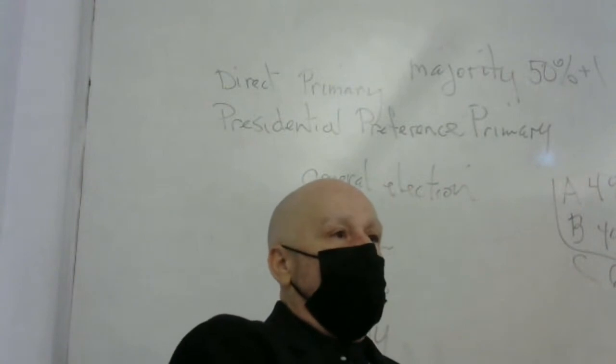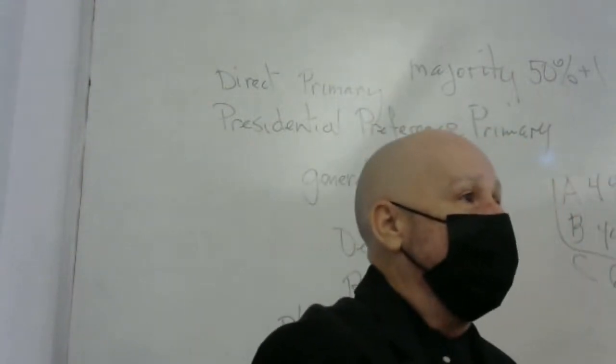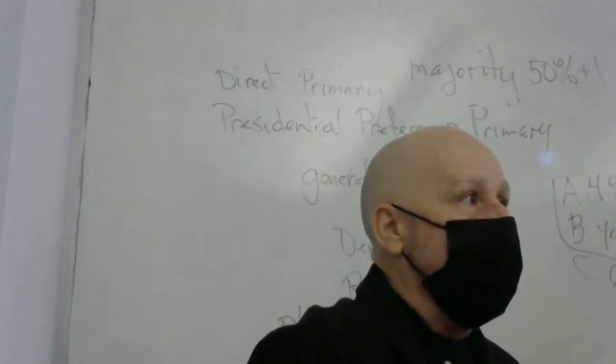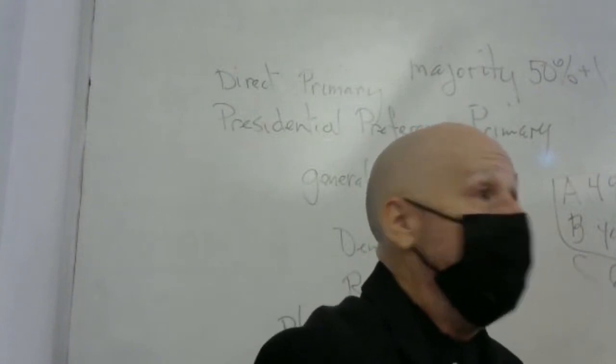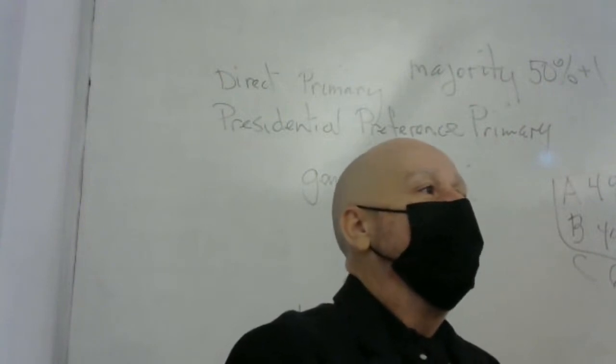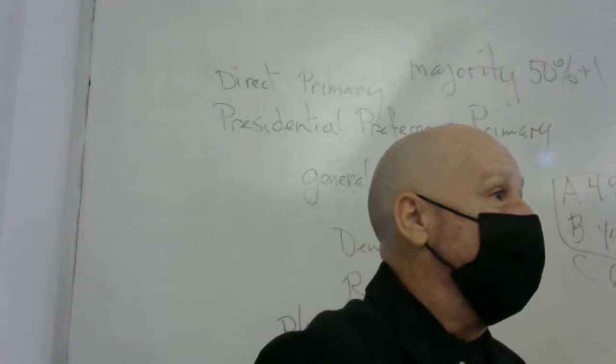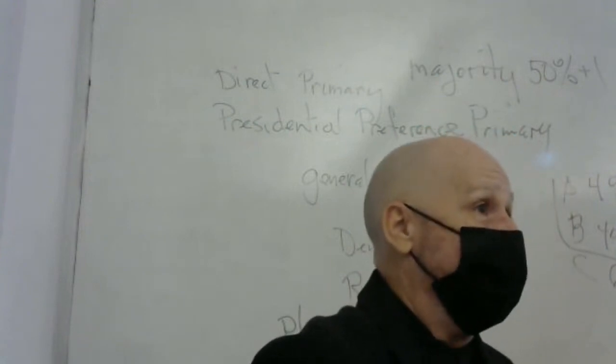But here, what I'm trying to tell you is if you go to vote in the Democratic Party primary in Texas in March of 2020 and cast your vote for Joe Biden, you're not actually voting for Joe Biden. You're voting for delegates to attend the Democratic Party's national convention who are pledged to Joe Biden.